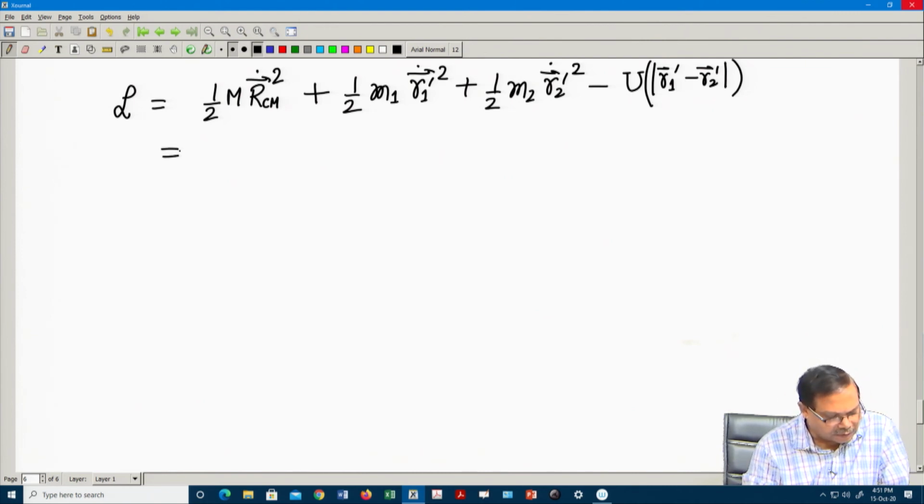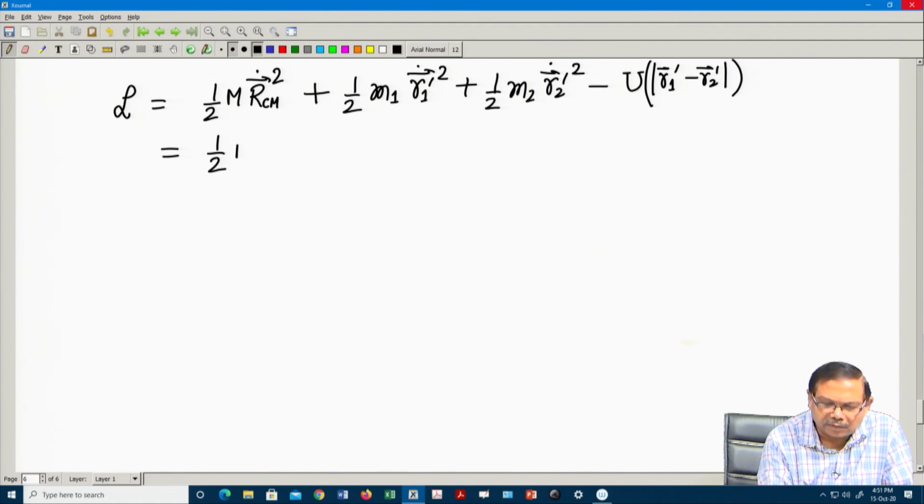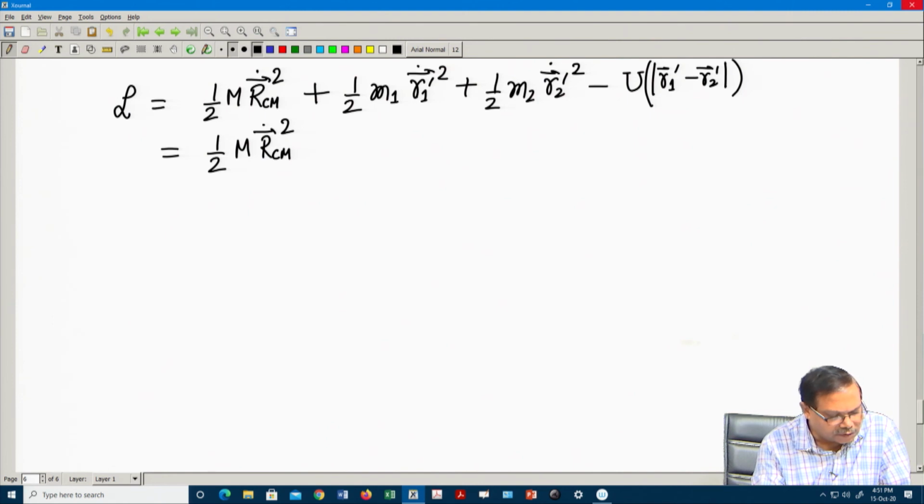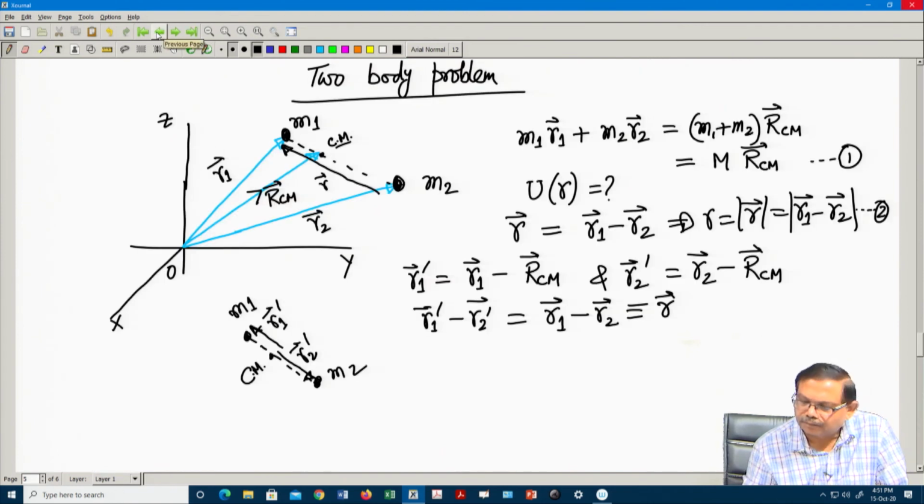So, I can reduce this one to half m r dot square, and let us see what equations we have. We have to now use those two equations, equation 1 and 2, and we want to reduce these things.